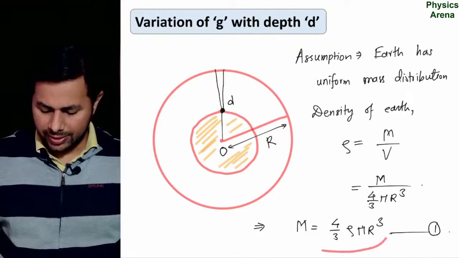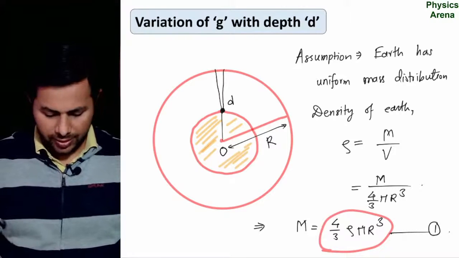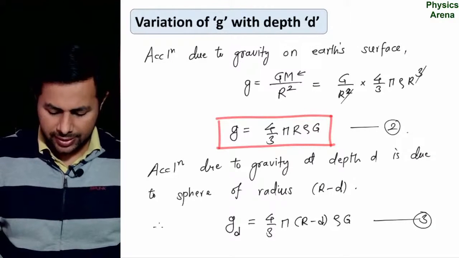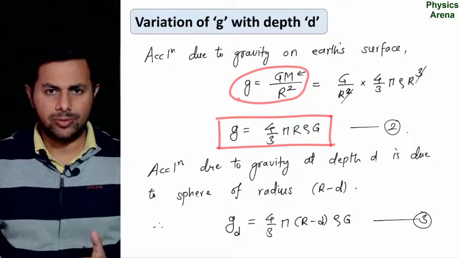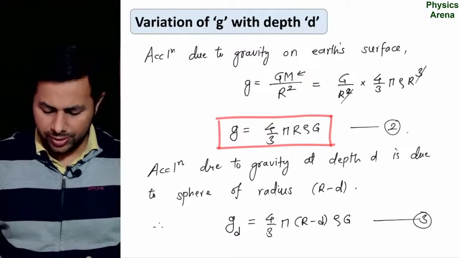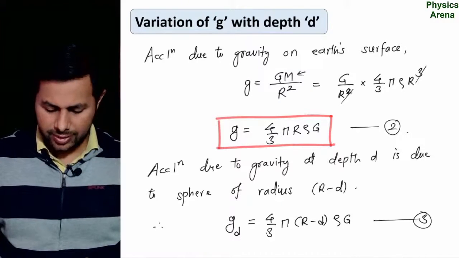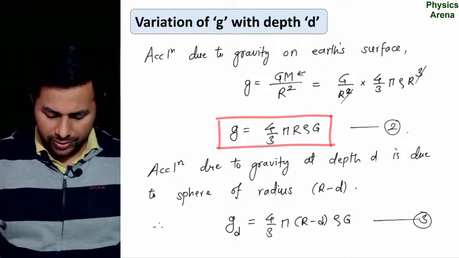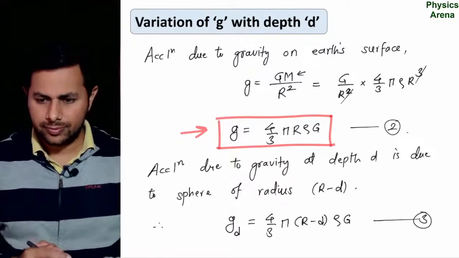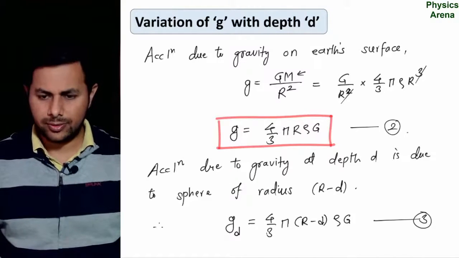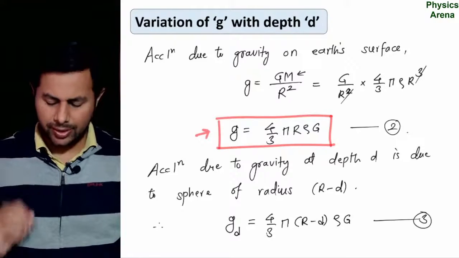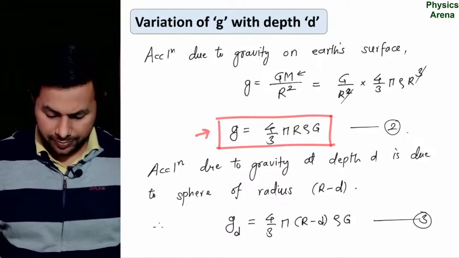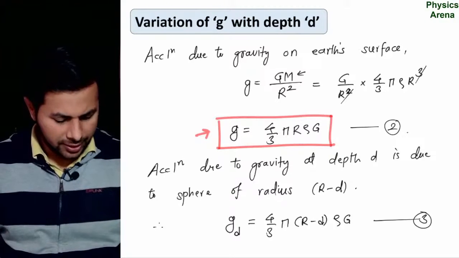So mass can be written as 4 by 3 density times pi r cube. And I had substituted that in this formula, g equals GM over r squared. So if we substitute this mass, 4 by 3 pi r cube multiplied by rho, in this formula, then you get this formula. And we have used this formula to find out the acceleration due to gravity at depth d. Hope it is clear now.